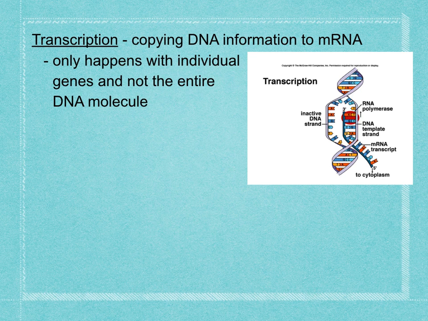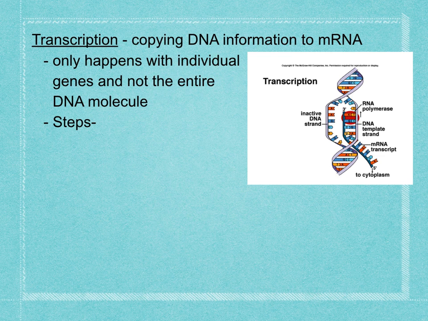So it only happens with individual genes. So it's not going to be an entire strand of DNA that's going to be copied into mRNA. You're only going to have little individual genes instead of the whole molecule. And you can see that in the picture.